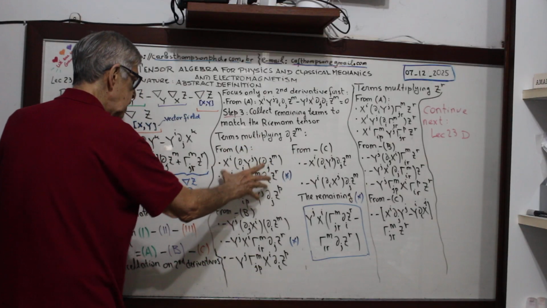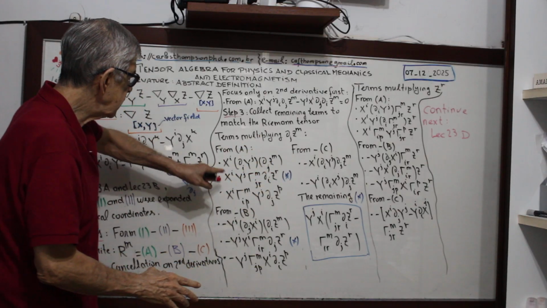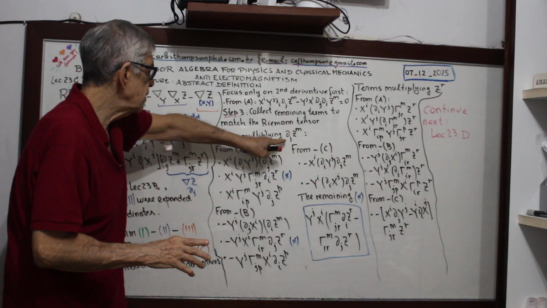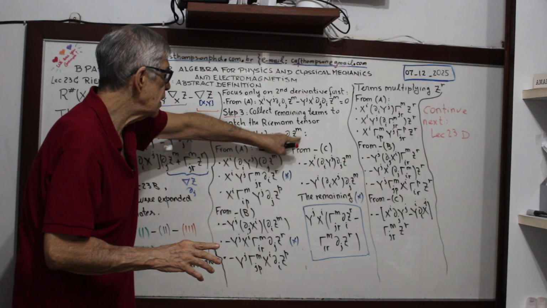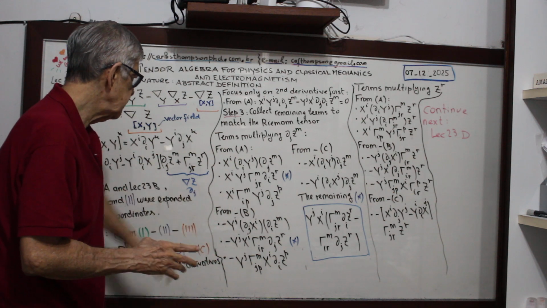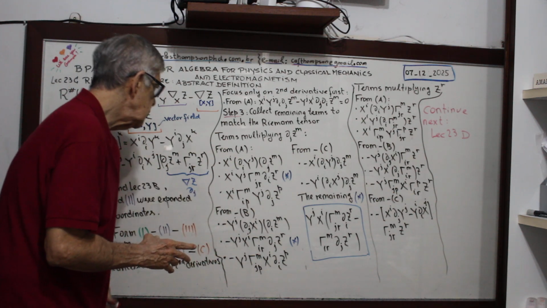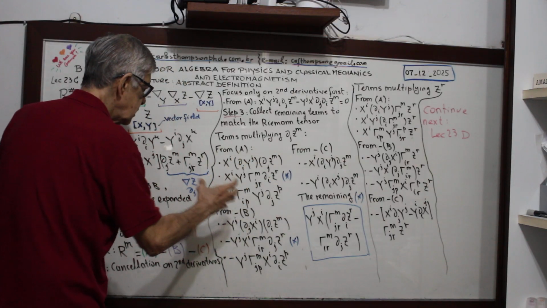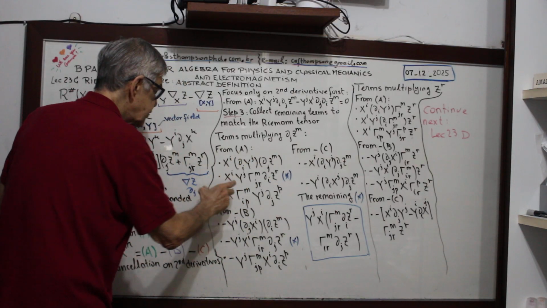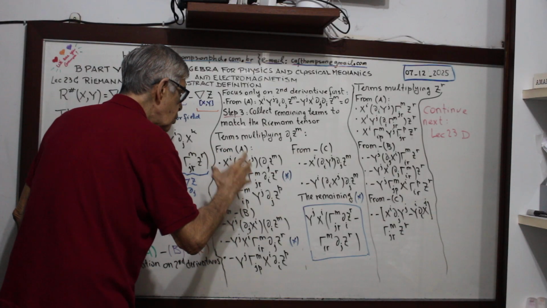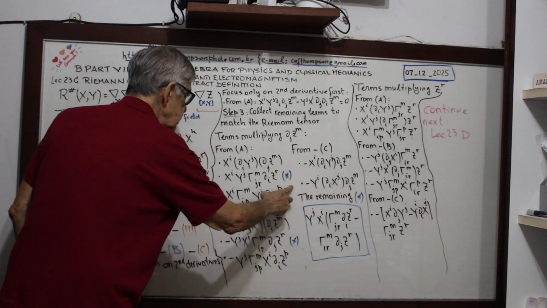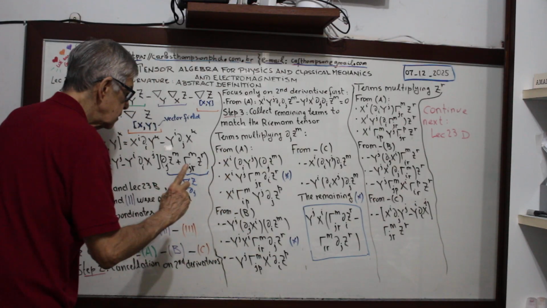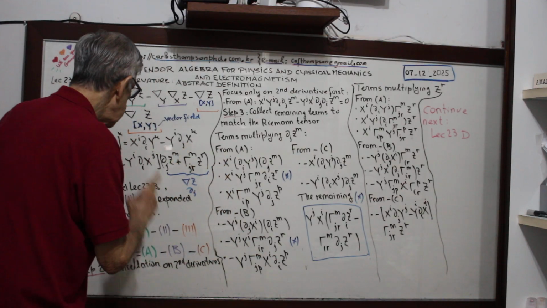From A, you just copy, and we are also interested in the partial derivative of Zm. So this over here, I will mark this term, you see why. Now, from minus B, it's not from B, it's from minus B.